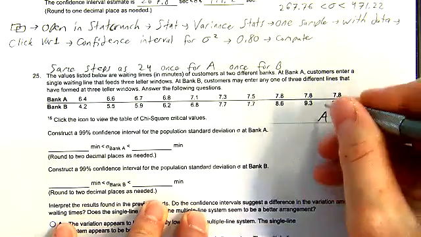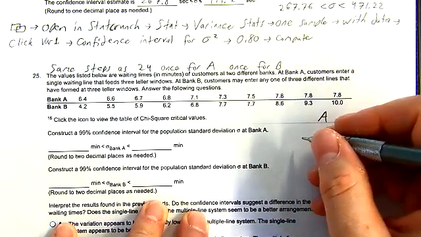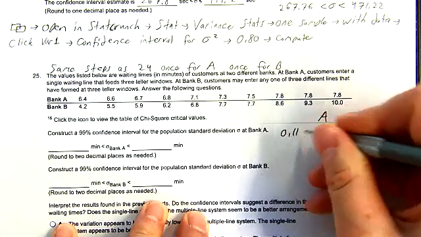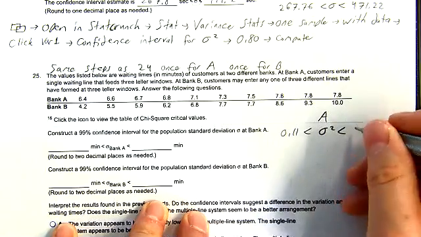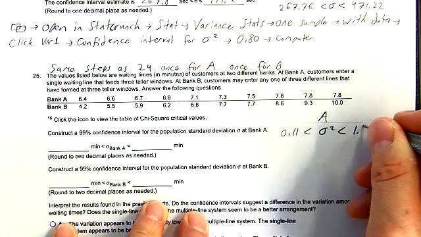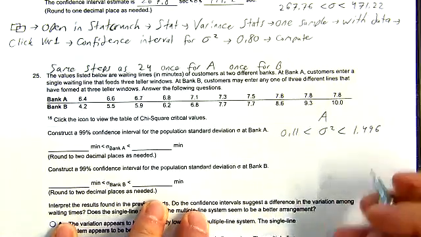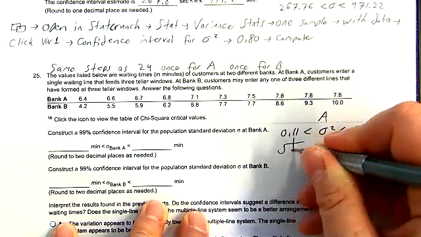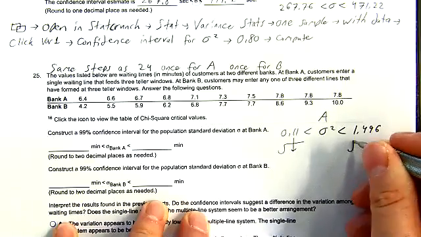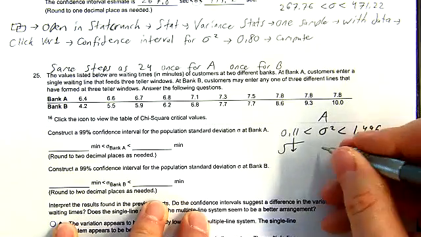So for Bank A, for these numbers up here, you're going to get something like 0.11 sandwiching sigma squared sandwiching 1.496. And then you're going to square root those numbers. So you're going to take the square root of 0.11 and the square root of 1.496.